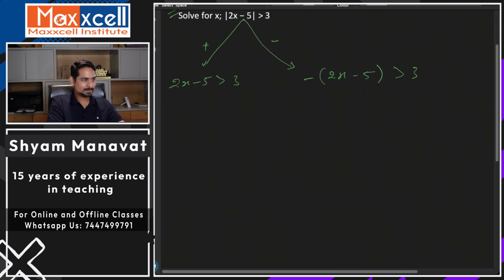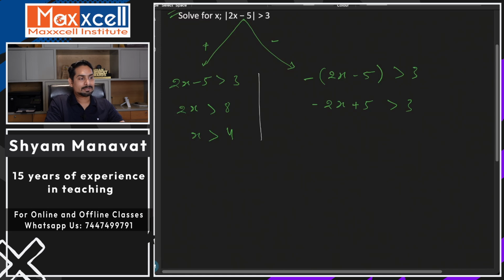Now, simplify this one. You get 2x more than 3 plus 5, that is 8, so you get x is more than 4. Here, if you open the bracket, you have minus 2x plus 5 more than 3 as it is.